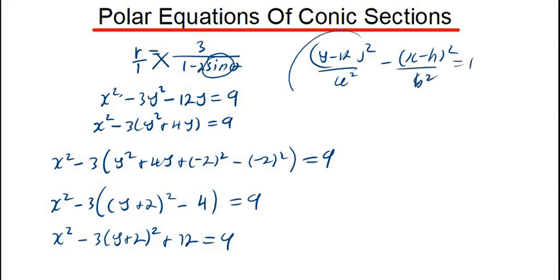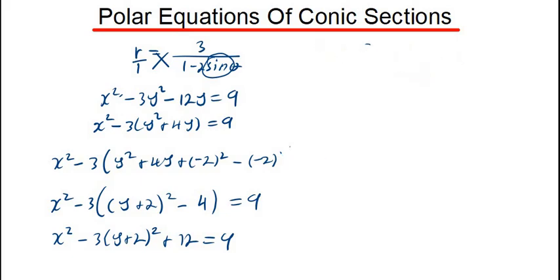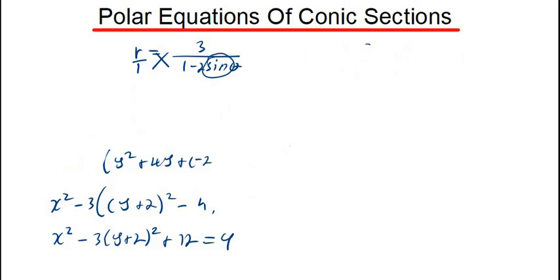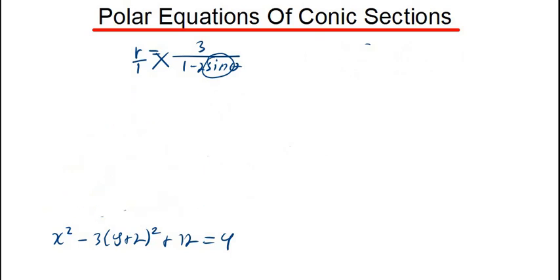We should expect the y to be on this side. So let's see how this is going to end up. Now this is going to be x squared minus 3 times y plus 2 squared, equals 9 minus 12, which is minus 3.